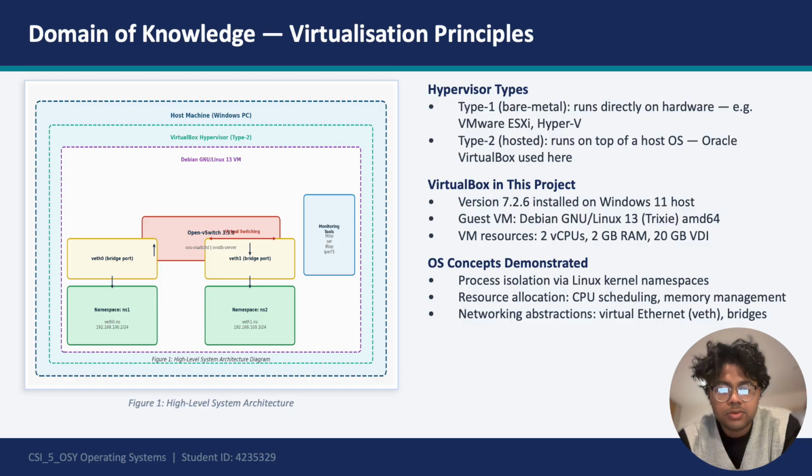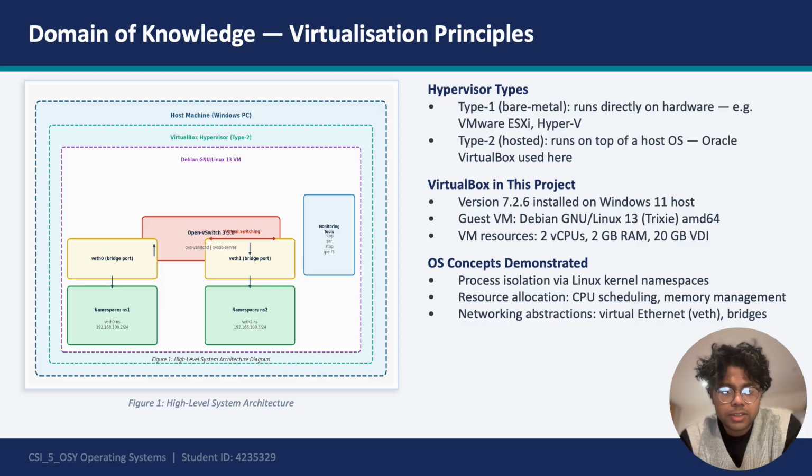In this project, I used Oracle VirtualBox 7.2.6, which is a Type 2 hypervisor running on a Windows 11 host. The guest virtual machine runs Debian GNU/Linux 13, allocated with 2 virtual CPUs, 2 gigabytes of RAM, and 20 gigabytes of virtual disk storage.